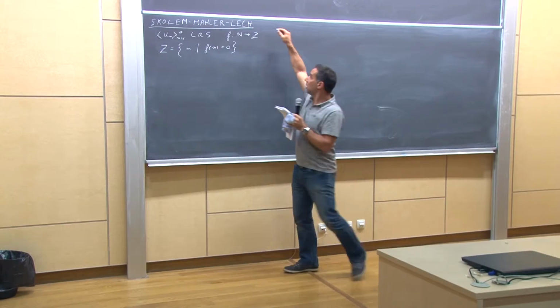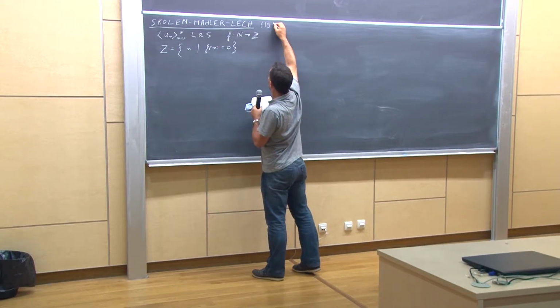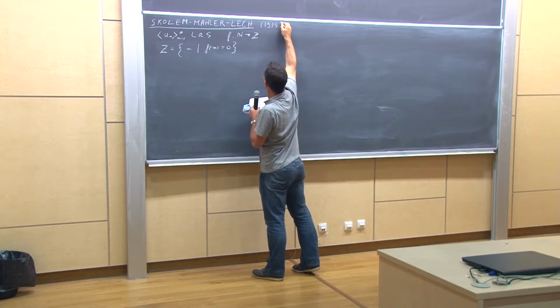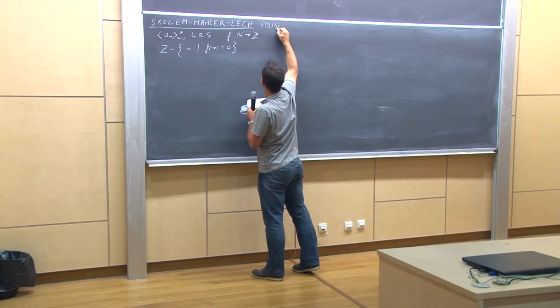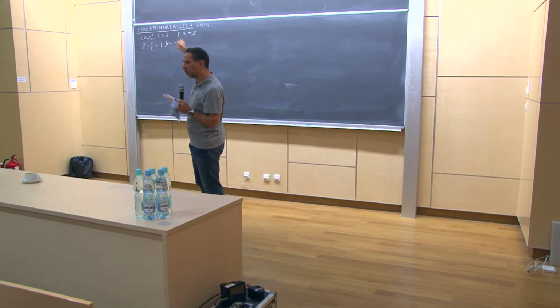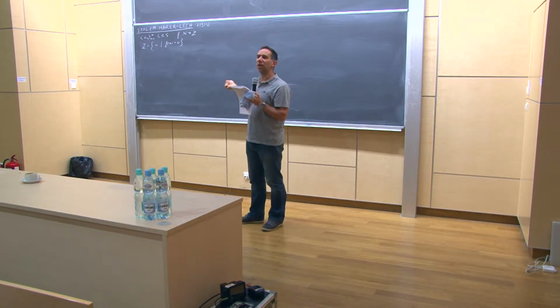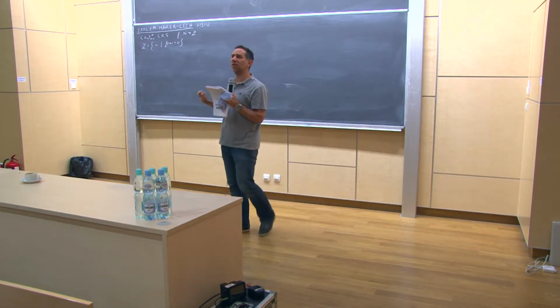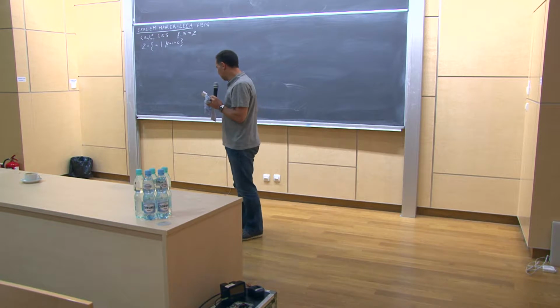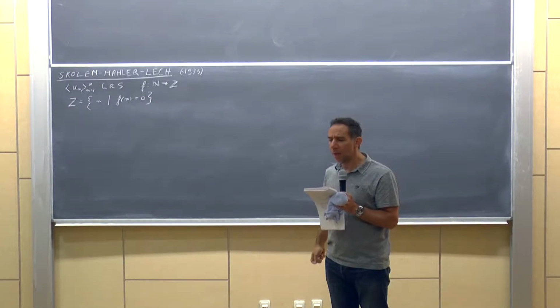I think the first time was by Skolem himself in 1933 or thereabouts. Then it was generalized by Mahler and by Lech. One proved it for algebraic numbers, the other over fields of arbitrary characteristic. But I'm going to show you the most basic version.